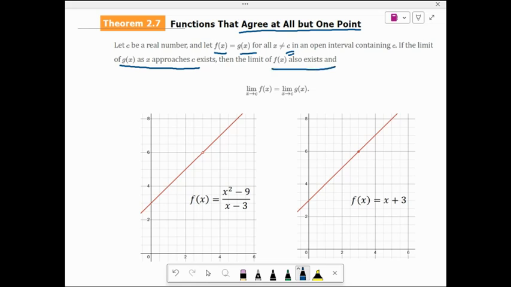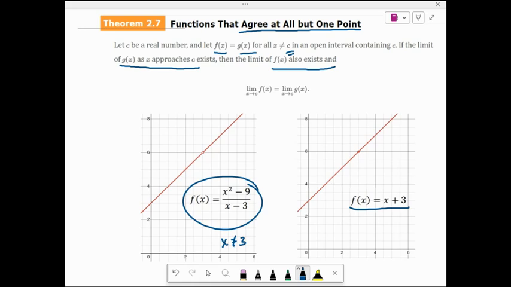So this is a quick sketch, a graph of this function, f of x equals x squared minus 9 over x minus 3. And normally when we see a rational function, we start thinking about graphs with vertical asymptotes and things like that. But in fact, this is actually just a graph with a line, with a hole in it, because x is not equal to 3. Now, it turns out to be the exact same function. It simplifies, as we just showed, down to x plus 3, except that f of x equals x plus 3 is in fact defined at 3.